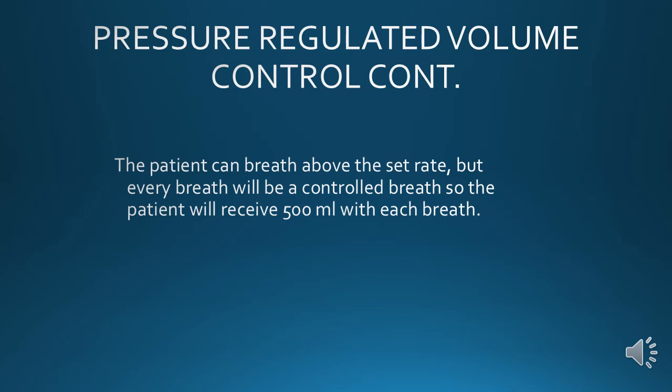So once again, if the patient chooses to breathe above the set respiratory rate, the machine will let them. They will let the patient do this, but it is a controlled breath. They're going to get that same 500 mils every single breath, or the pressure control that is set, whichever. Okay, so it is controlled, but they can breathe above that set rate.